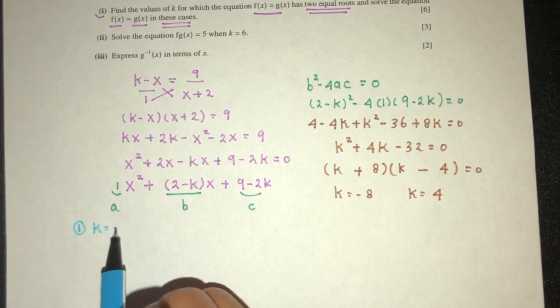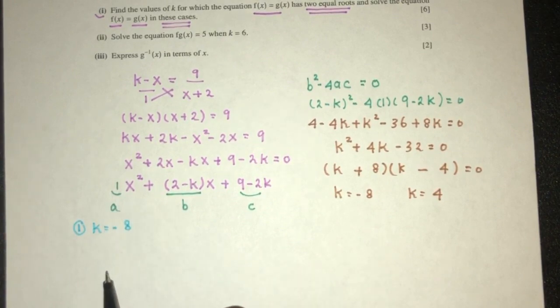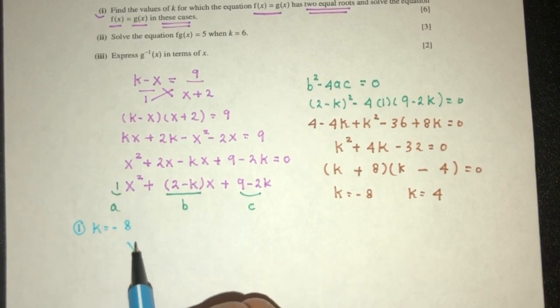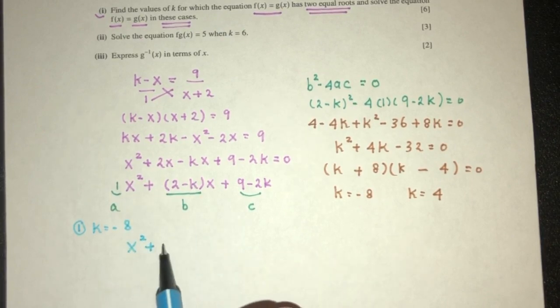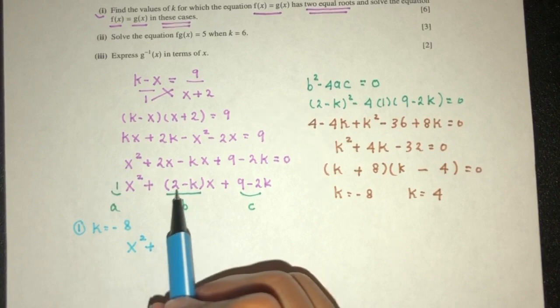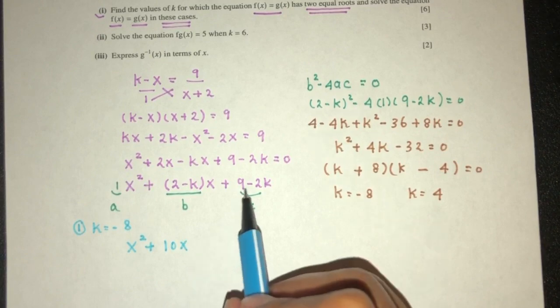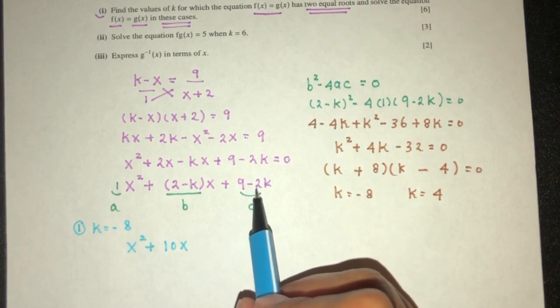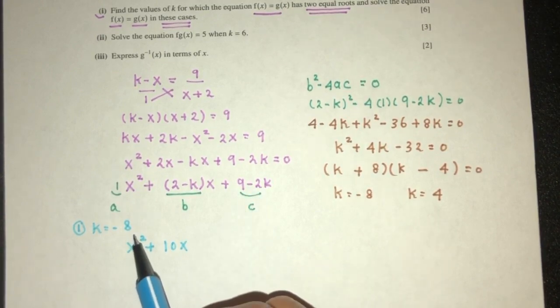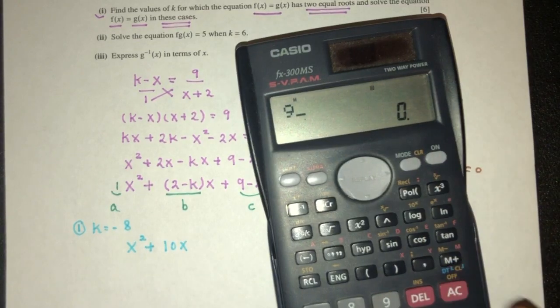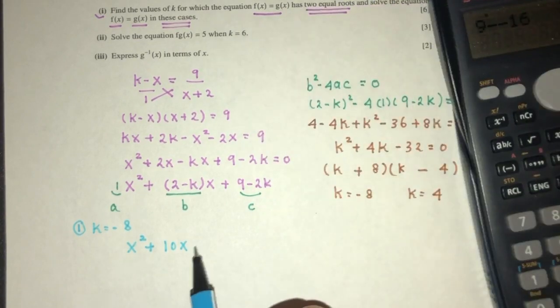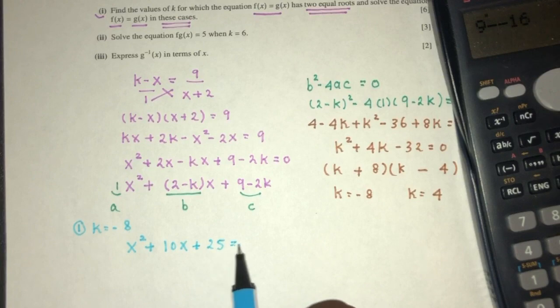So we can do case number 1. When k equal to minus 8, our equation was what? Solving the equation, here we have x squared plus 2 minus minus 8, that should be 10x, plus 9 minus 2k. 2 times minus 8 should be minus 16, so 9 minus minus 16, that should be 25 equal to 0.